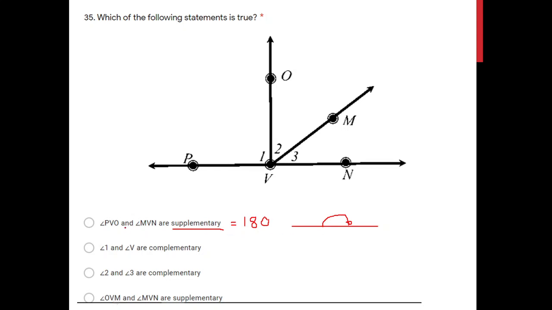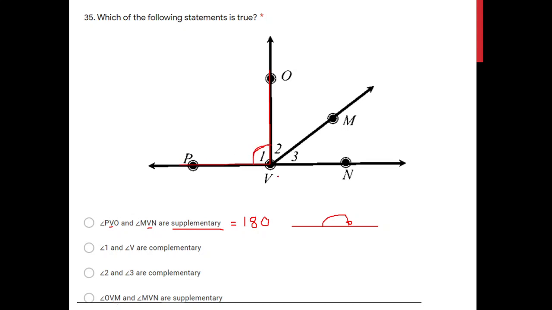Okay, now let's see if angle PVO and angle MVN form a line or 180 degrees. So now let's locate PVO here. Now remember, the middle label here will serve as the vertex or the location of the angle. So here, P, V, and O, meaning we're looking at this angle here.